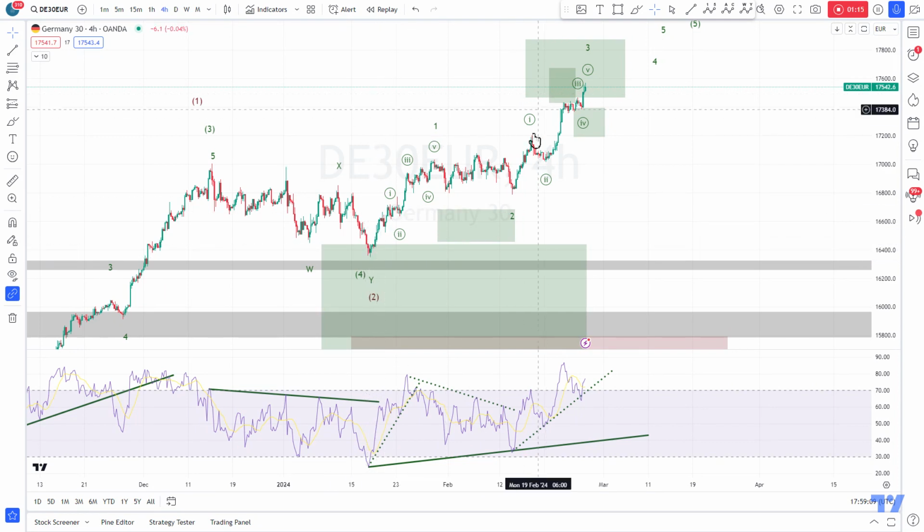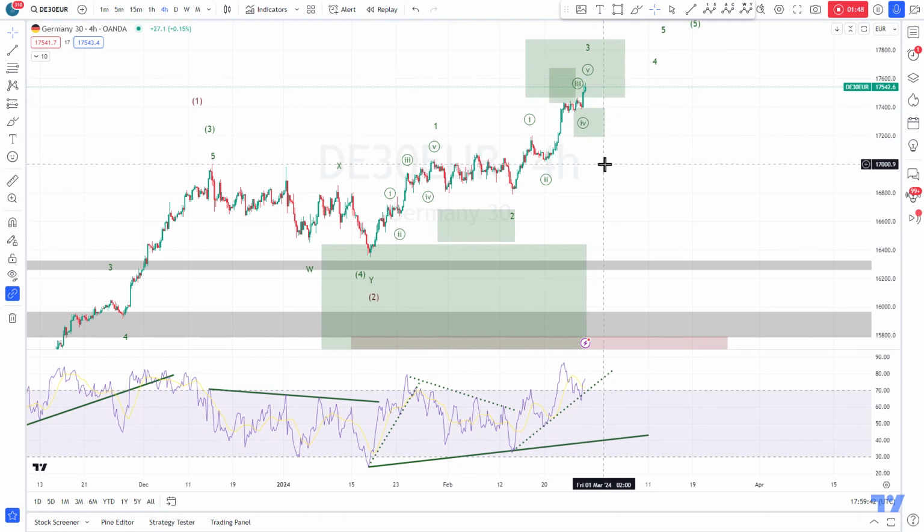And for now, it looks like this cycle is incomplete in the sense that so far I can only count 3 waves, 1, 2, 3, or we are working on this third wave. So I would think that a fourth and a fifth wave is still missing, and this means that we would need more upside to finish the structure right here.